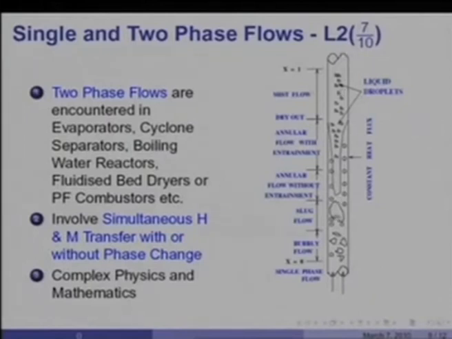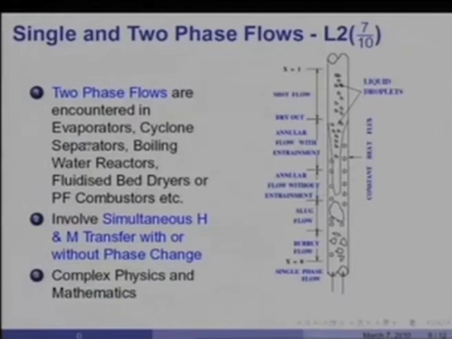So, such two-phase flows are extremely complex in their physics, because there is a continuous change in the structure of the flow. There is simultaneous heat and mass transfer accompanied by phase change. But then there are also situations like fluidized bed dryers or pulverized fuel combustors and so on, in which phase change takes place. Particles from solid phase move into gas phase coupled with chemical reaction.